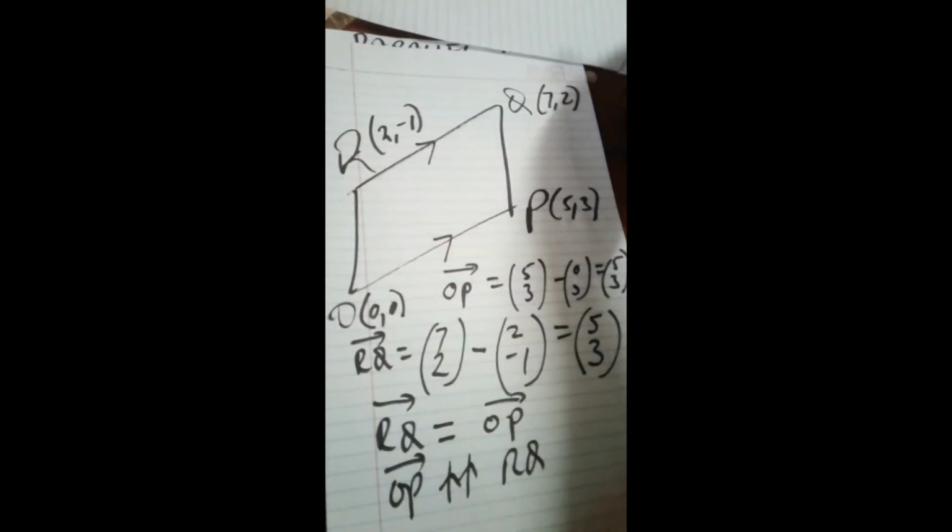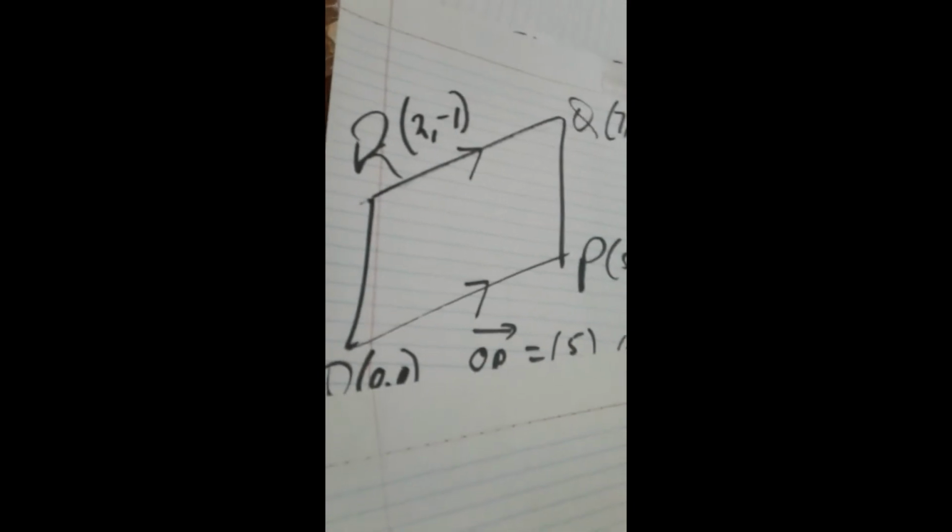So if lines are equal and parallel, then it means the modulus of one line is equal to the modulus of the other line. And we move to OR and PQ. We also see whether they are parallel.